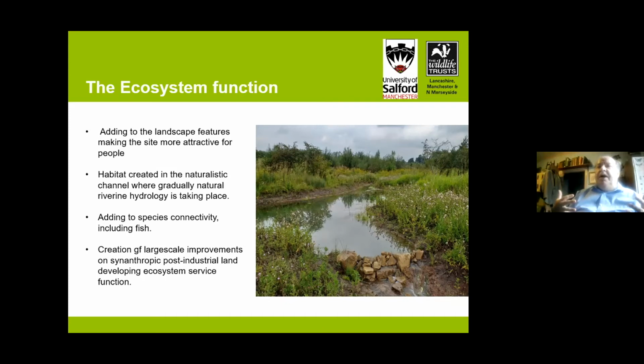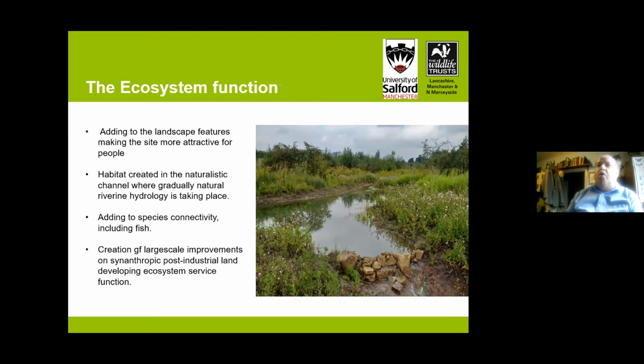The site has got around about 3 kilometers of these meandered streams, replacing the concrete trapezoidal channel. So it's been done on quite a large scale over an area of around about 200 hectares.